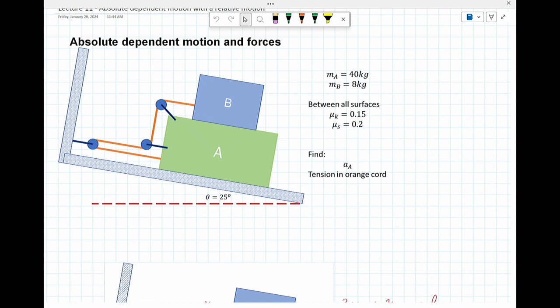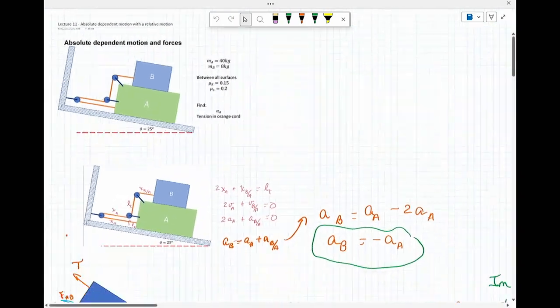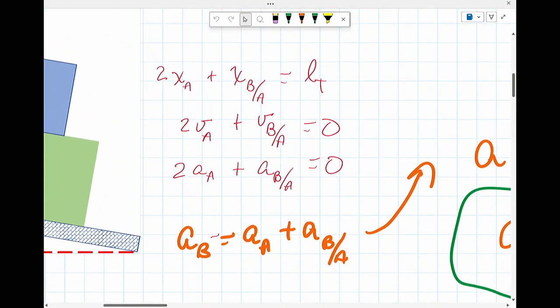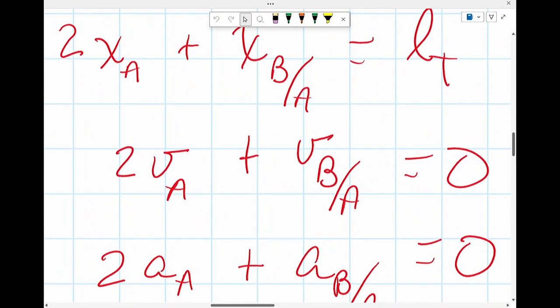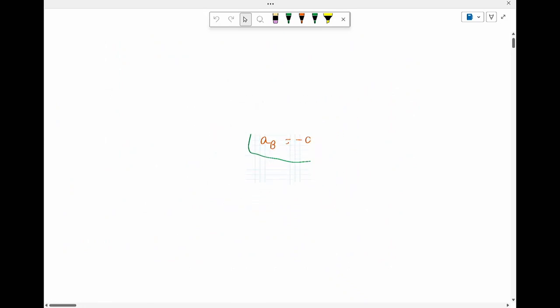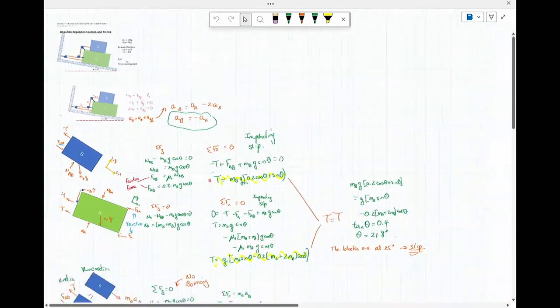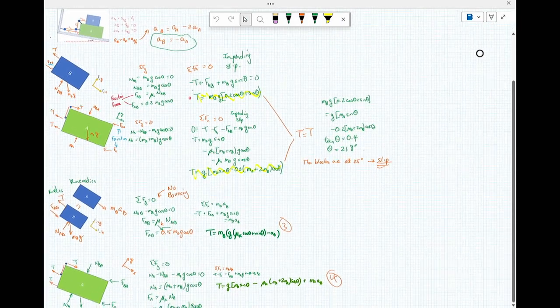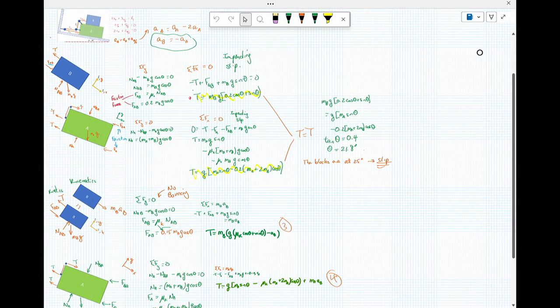The reason work becomes interesting is not the acceleration terms, but the velocity term right here, because work is related to force times distance. And the distance of B is twice the distance of A. So you're going to find out that you actually have a system with internal work done because of this. But that's sort of going two lectures ahead. It's a good example, a really nice example for you to try on your own.